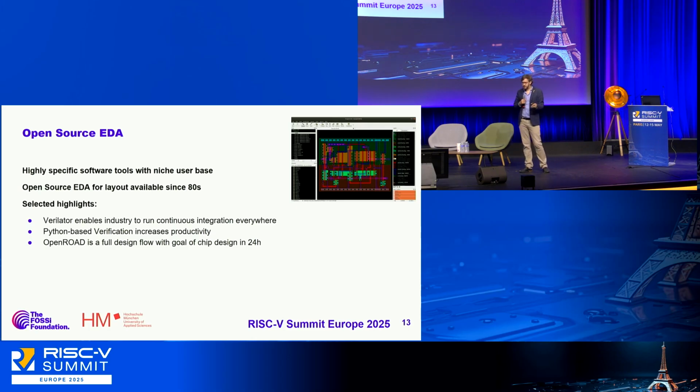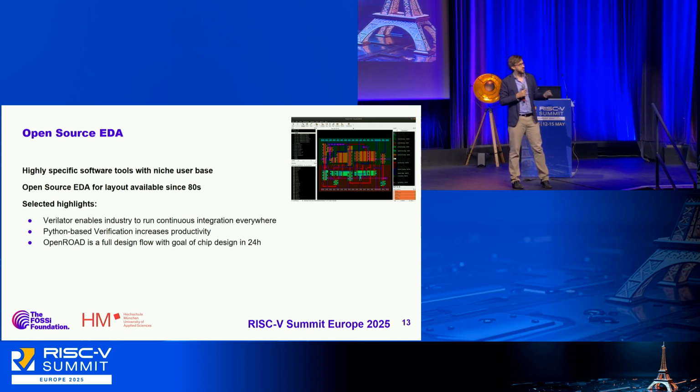So I see a huge adoption, and this is also open source EDA tools, right? If you look into the whole ecosystem of Python-based verification tools like cocotb and PyUVM, there are a lot of tools. I don't want to say this is the industry standard, but they have a lot of adoption already, right?